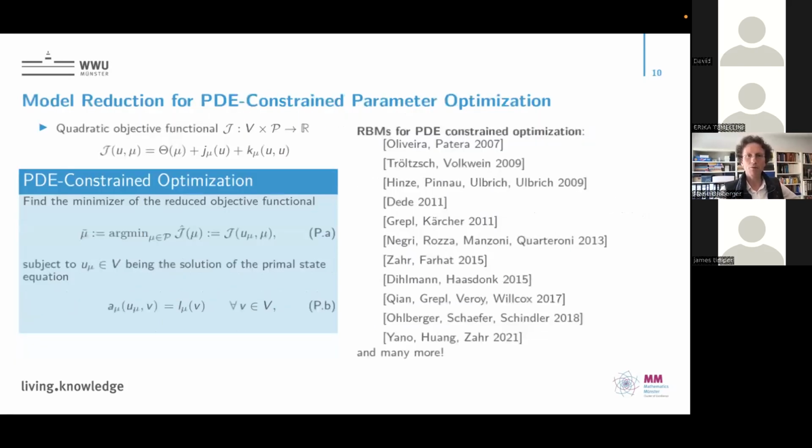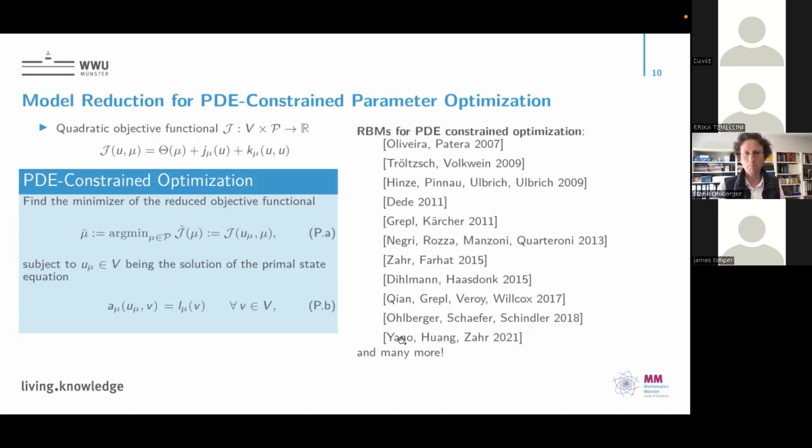And of course, we are not the first who tried to approach this problem. There's a whole series of papers, for instance, from the reduced basis community on PDE constrained optimization. In particular, maybe starting with the works in 2015 of the group of Farhat with Matthew Zahr and with Bernard Haasdonk, algorithms were developed where the reduced spaces were built in the optimization loop.